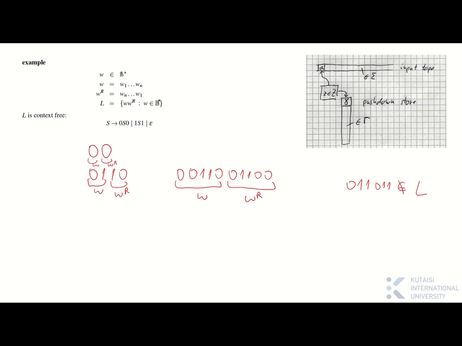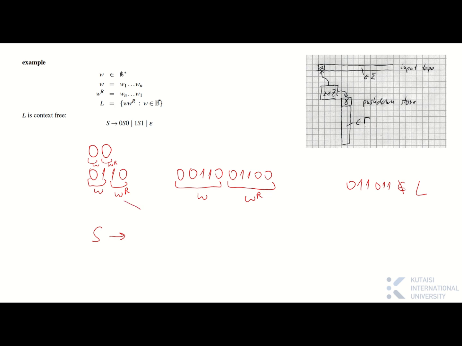Why? Because this grammar generates it. It's written up here. S goes to 0S0, 1S1, and epsilon. Why does this grammar generate this language? How would I generate, let's say, this string? You're first generating the outer layer.